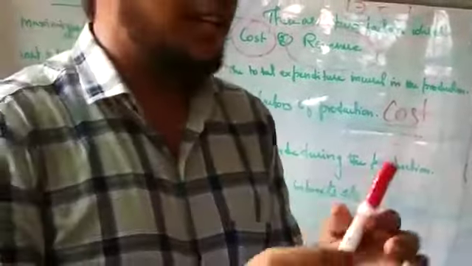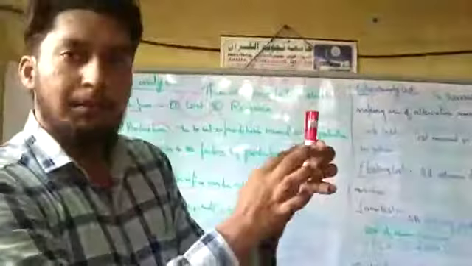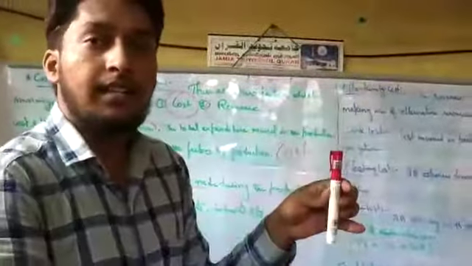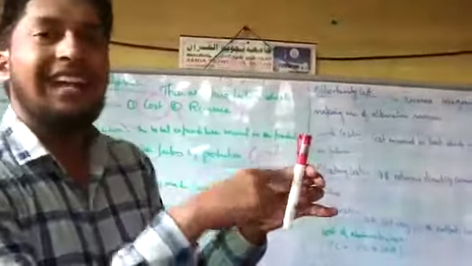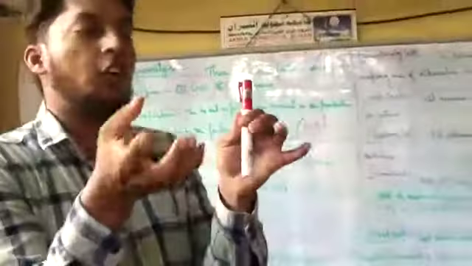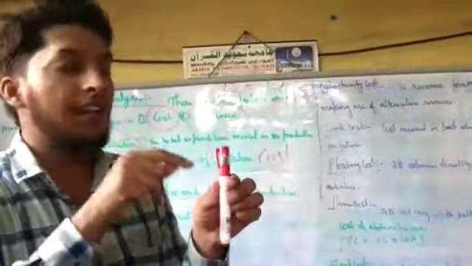Next, money cost. Money cost means for making this marker, I have done the labor. For labor, I will get wages, right? For making this marker, I had a room or a business setup, a place where I have made this marker. For that, I will pay a rent, right? Like that, various interest is there. So money cost means all those expenses that I have incurred while making the product.